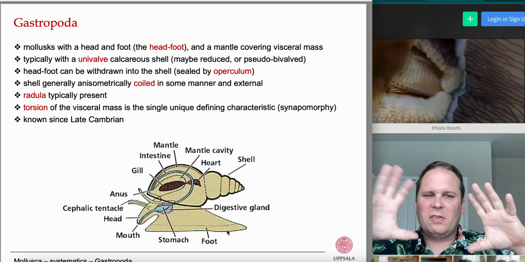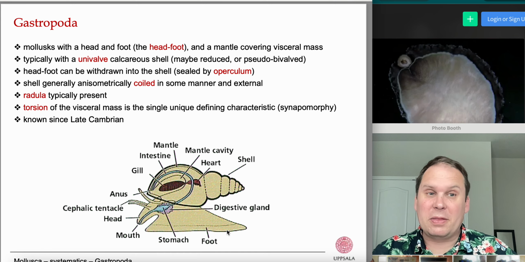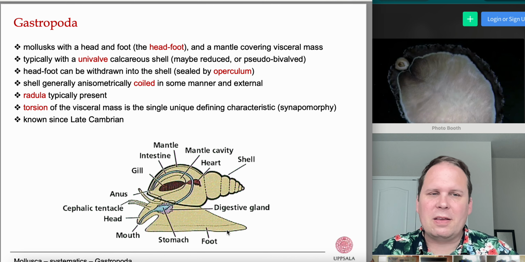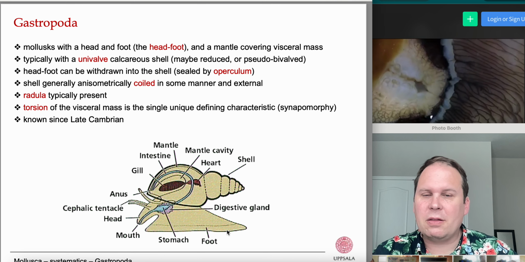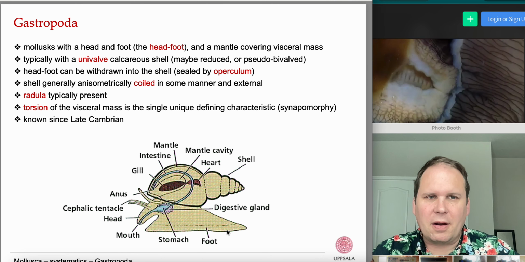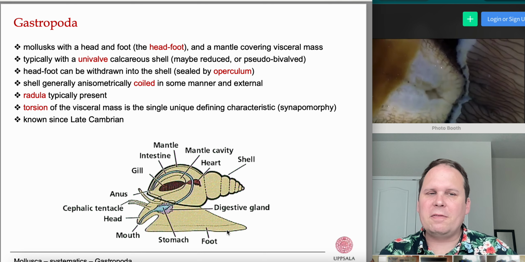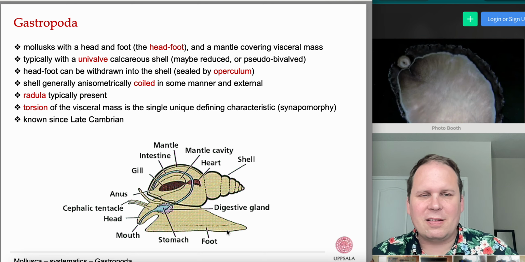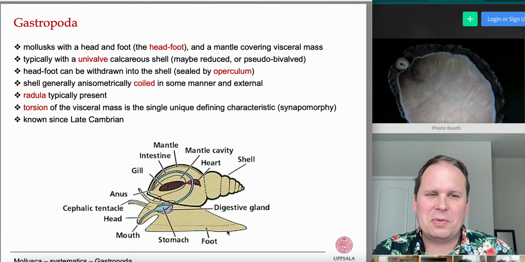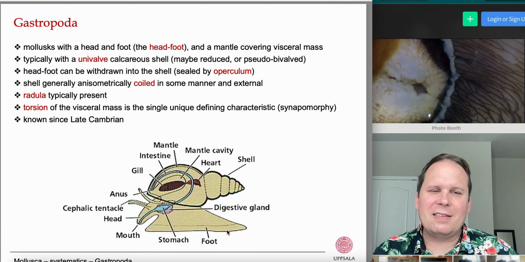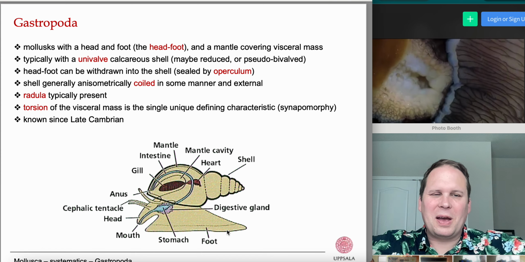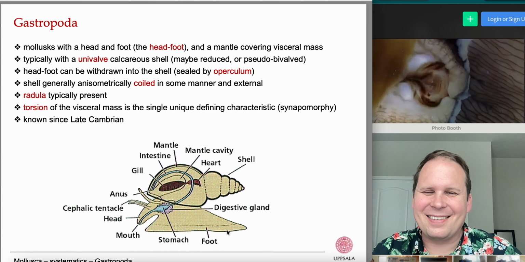You know, they're generating an asymmetric shell. But there are gastropods that make a living by swimming, and they'll either have a small internal shell, or there are some that have evolved a symmetrical shell that helps you swim, in the way that having a paddle on either side of the canoe helps keep you going straight.